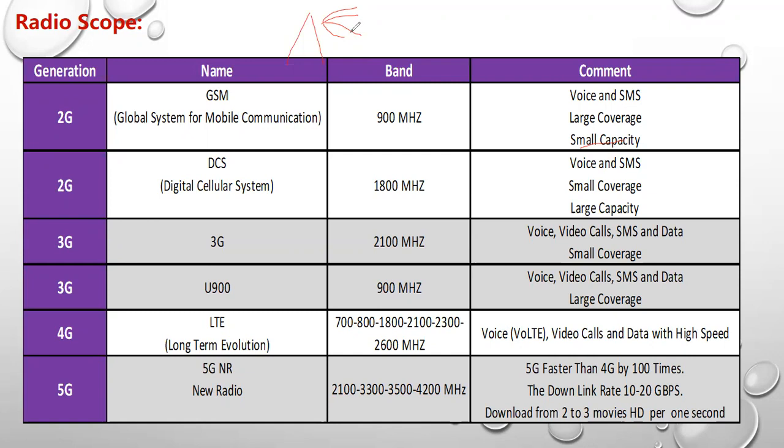So 2G, when it came down with these two bands, it actually did a very good move. Let's draw another drawing here. So again, let's say that this is the cell tower, all right? And this is the GSM for faraway people, and this is the DCS for close people.